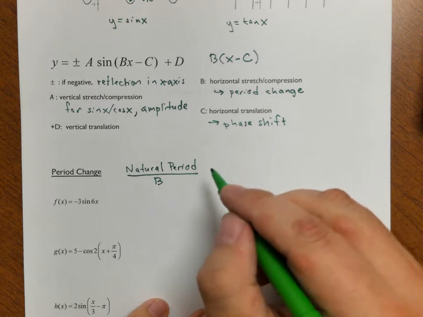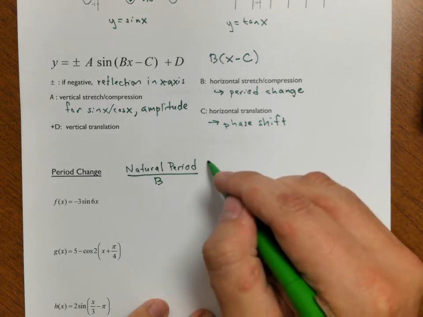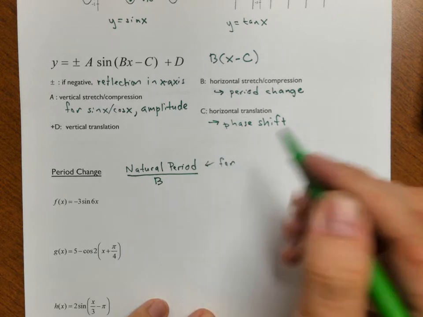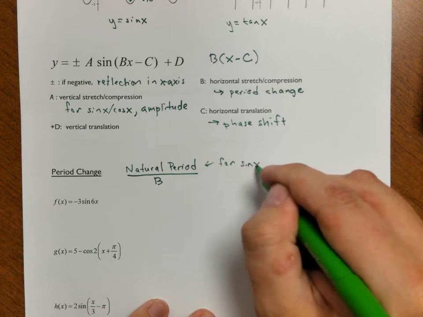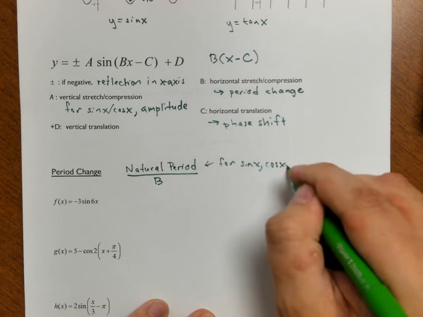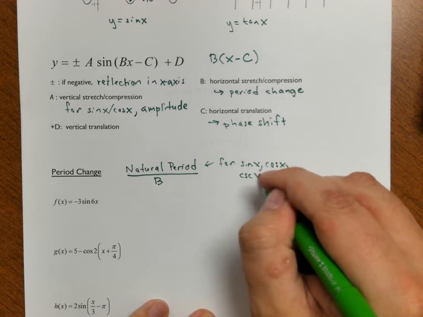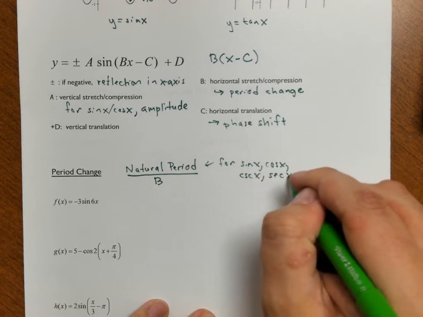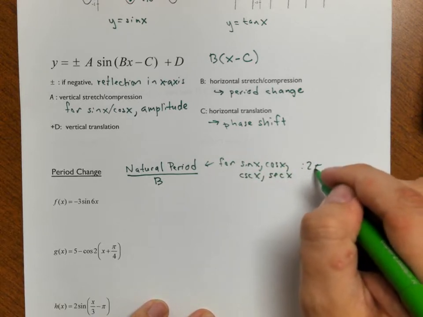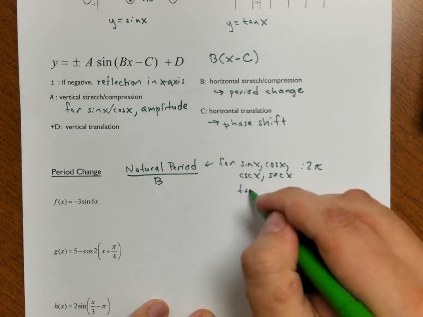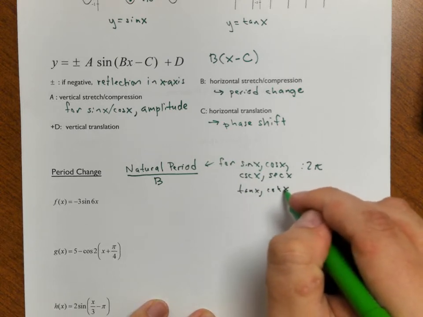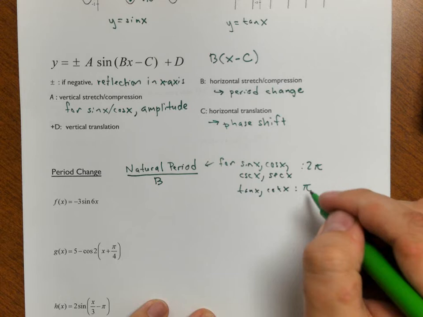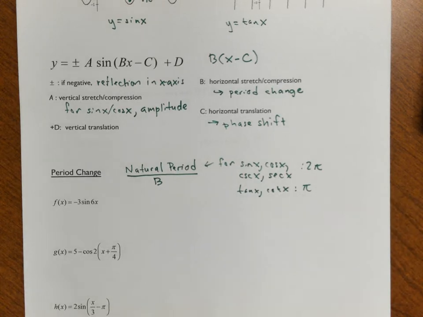The natural period for sine, cosine, secant and cosecant is 2 pi. For tangent and cotangent, it will turn out to just be pi. So that's the direct way of finding the period.